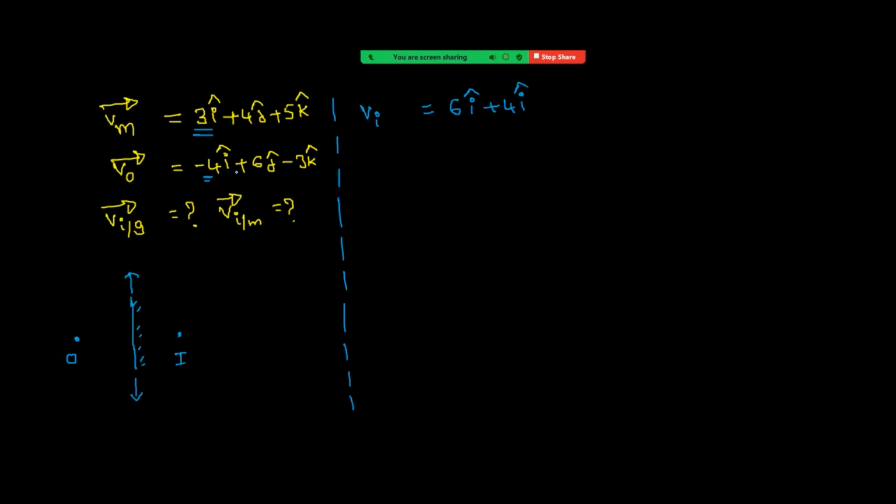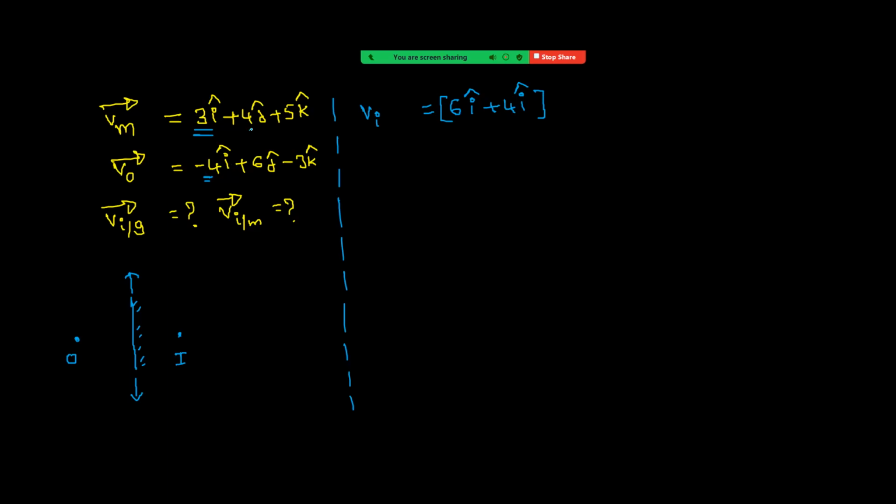This is the point which we have discussed in the last lecture: if the person moves normal to the mirror, image velocity will be the negative of the velocity of the object. I am focusing only on this component, which is normal to the plane of the mirror. So these two are because of motion of the mirror, 3i cap, and this is because of minus 4i cap.